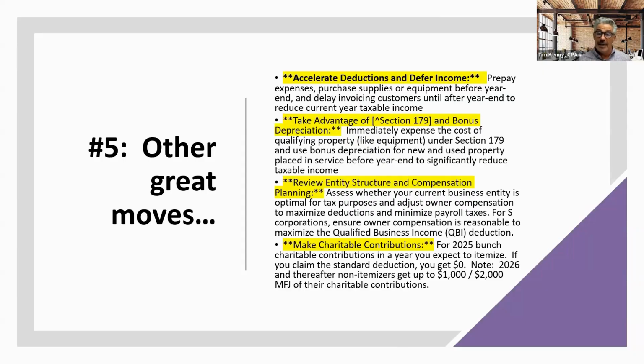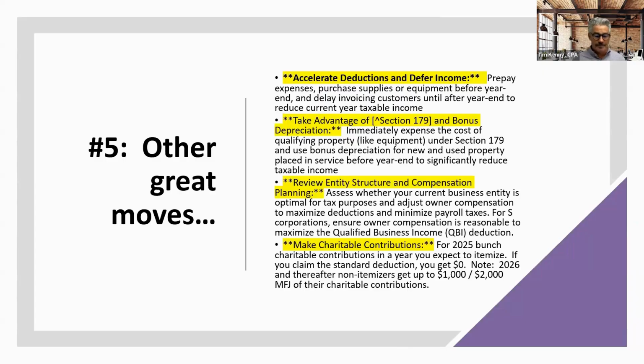Also, take advantage of Section 179 and bonus depreciation, which was extended. Bonus depreciation basically takes a fixed asset purchase which has a life of over a year, and turns that into an expense or a deduction, which can be very valuable.